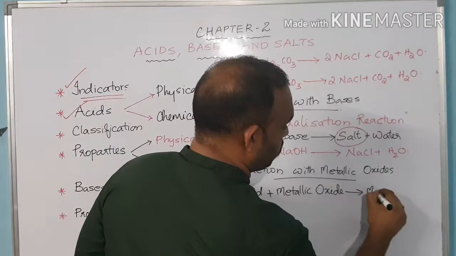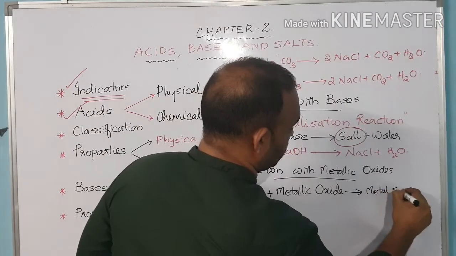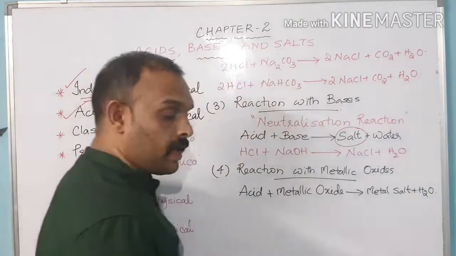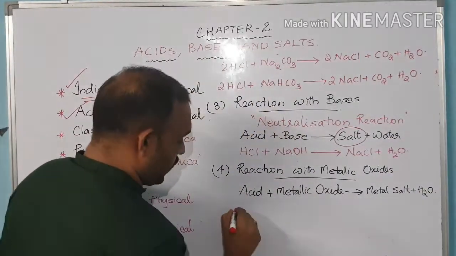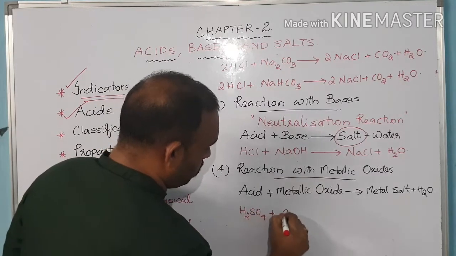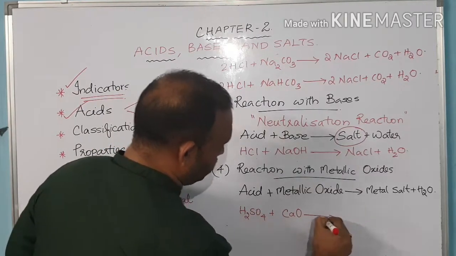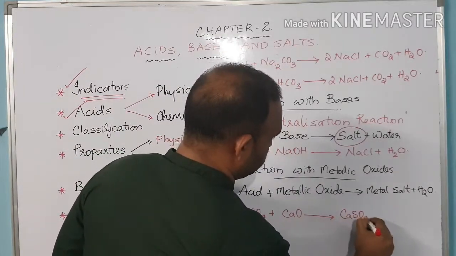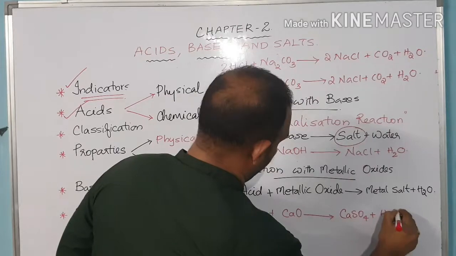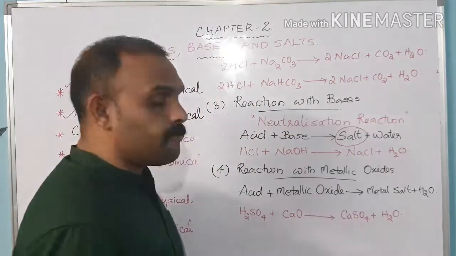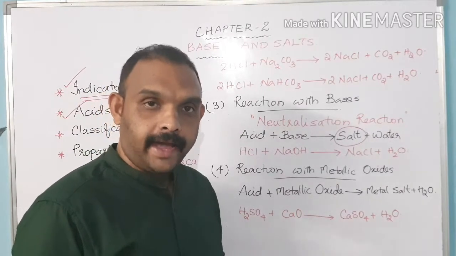A metal salt plus water will form. I will write an example of it. Example is H2SO4 plus CaO, calcium oxide, gives us CaSO4, calcium sulfate, plus water, H2O. Clear?